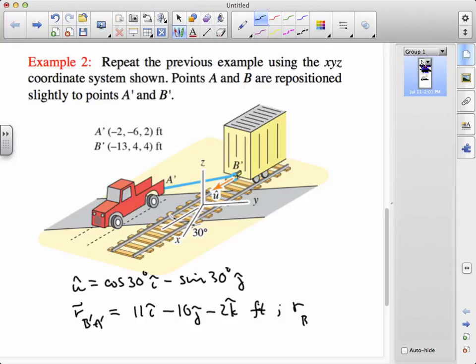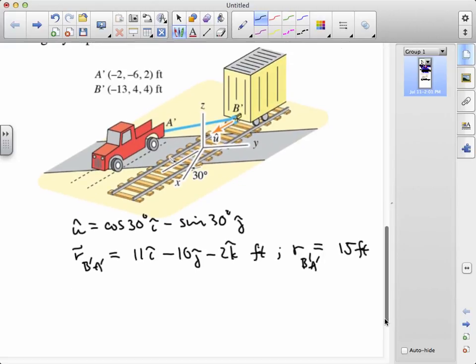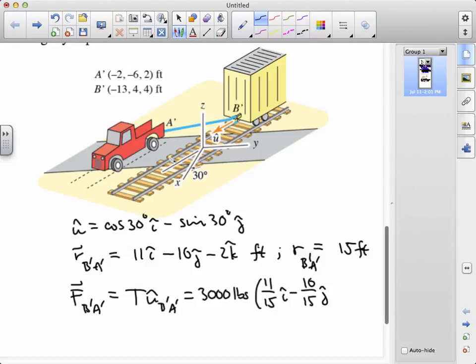The magnitude of r B prime A prime can be found from the square root of the sum of the squares of those components and turns out to be 15 feet. The force carried by the chain can therefore be written as the tension on the unit vector from B prime to A prime, and that's 3,000 pounds on a vector 11 over 15 i minus 10 over 15 j minus 2 over 15 k.